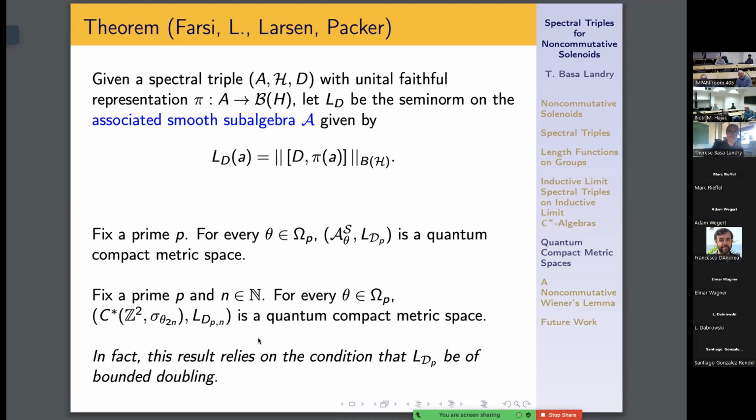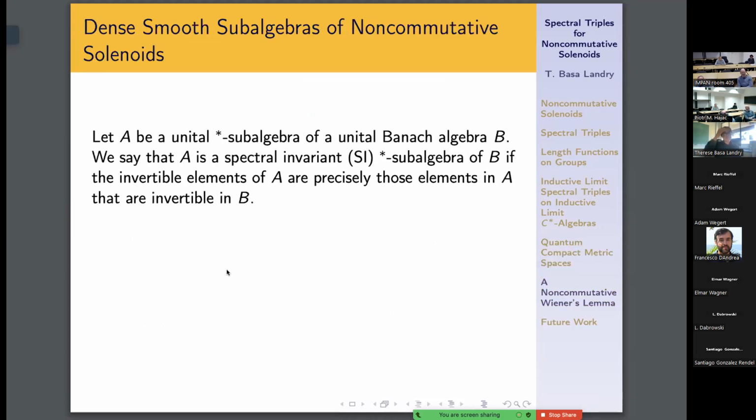I forgot why we index these thetas by even numbers and Dirac operators by usual integers. Right, because it'll still be 1 over p to the n Z with that restriction of the length function.